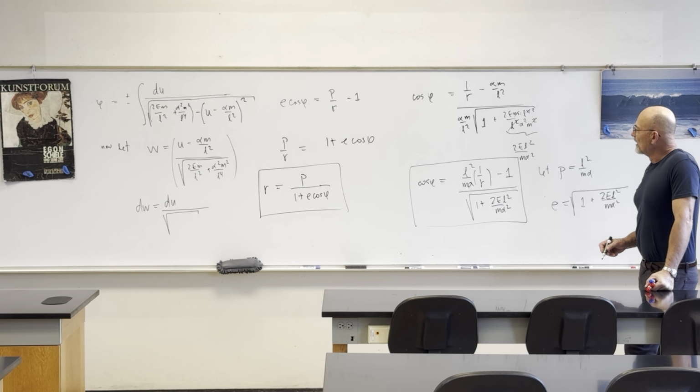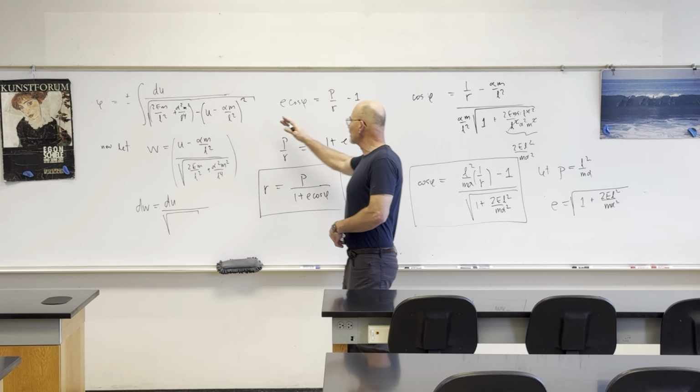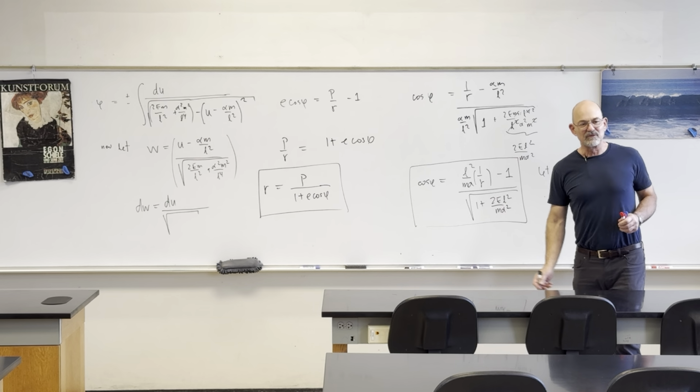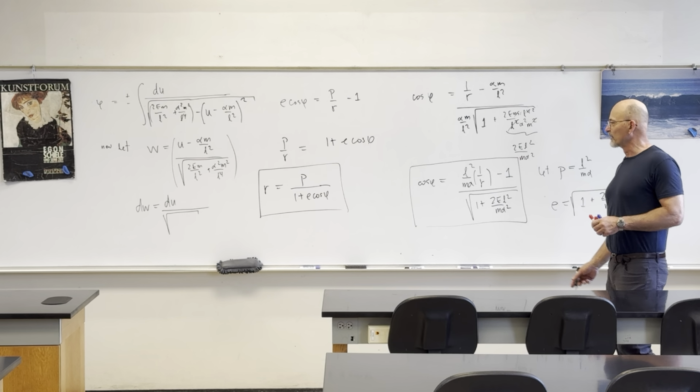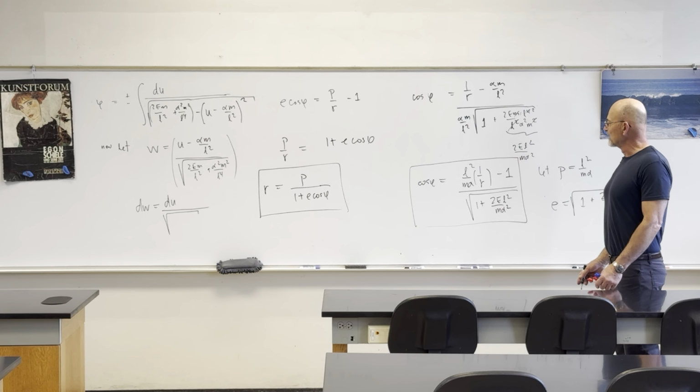And now we're going to have to go analyze this thing. And these things will all have a very interesting meaning. So up until now, we were just doing a calculation. Make sure you leave a lot of room. Good, so this turns out to be the polar form of the conic sections.